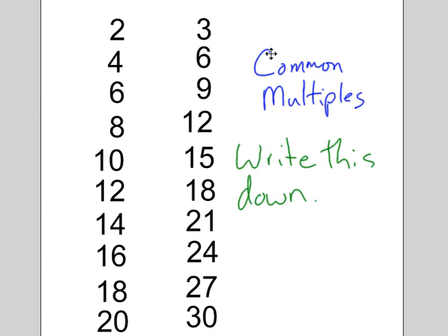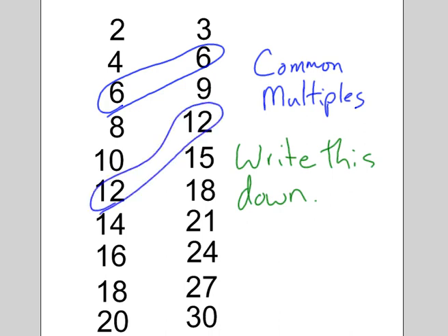We need to identify which ones are the common multiples. So looking down each list, I'd like you to draw an oval around the two multiples that are in common. Ideally, you wrote these down neatly and in the same line. So we can look down, and 6 and 6 are common multiples, as are 12 and 12.